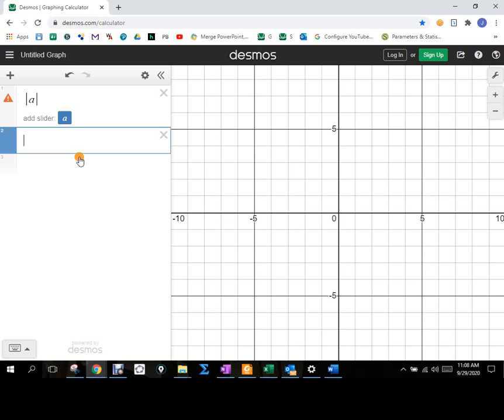That's your absolute value key. You hit shift and then that key, and it'll give you absolute value. Or you can just type in ABS in parentheses A, and it does the same thing.